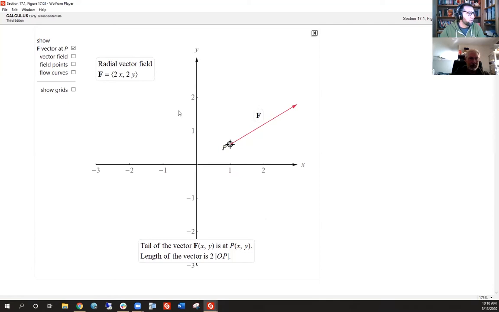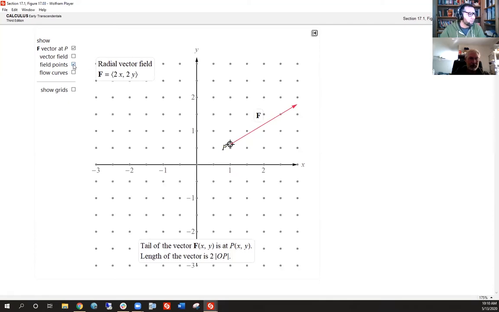And so you can imagine that we have a whole bunch of dots, maybe all the integer pairs or whatever, and you could say, well, what's the vector that would show up at each one of these points? For example, this would be at x equals 1, y equals a half.